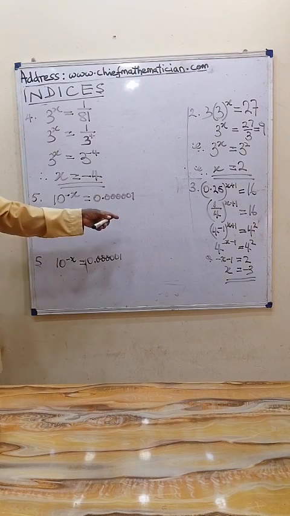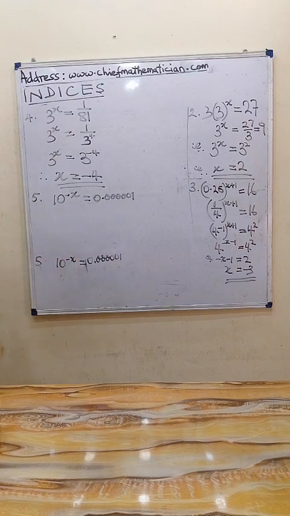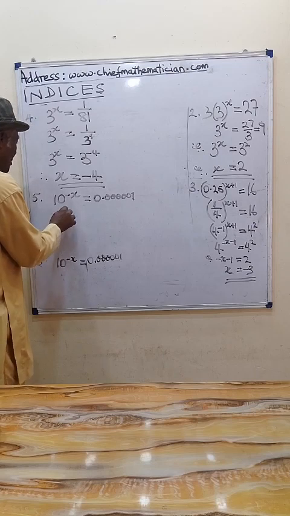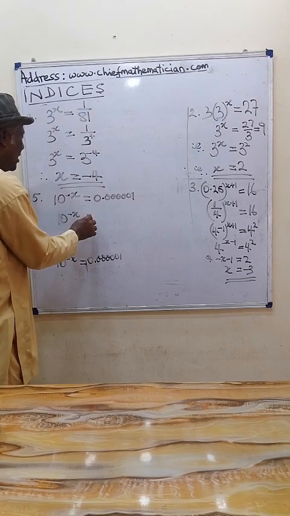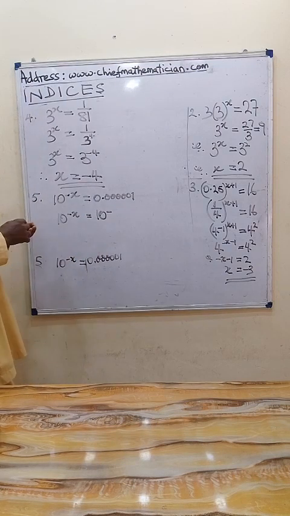You convert this decimal number to a power of 10. Convert it to a power of 10, and you will get 10 to the power minus x is equal to 10 to what power? I think it should be minus 5. Or is it minus 6?